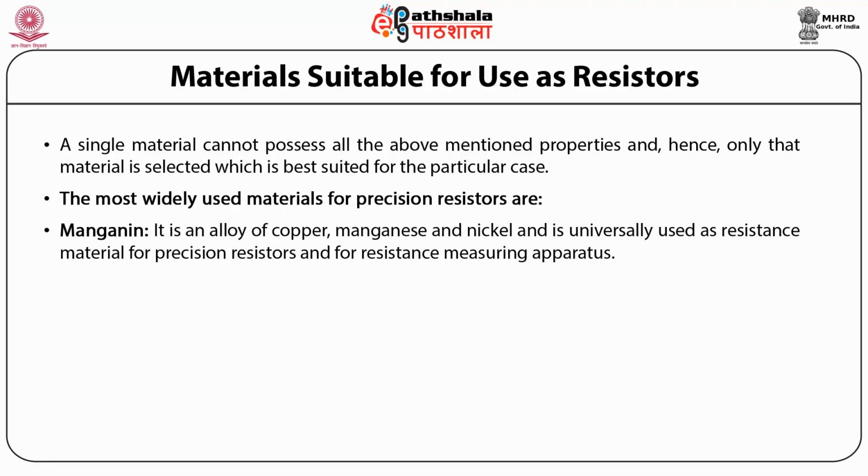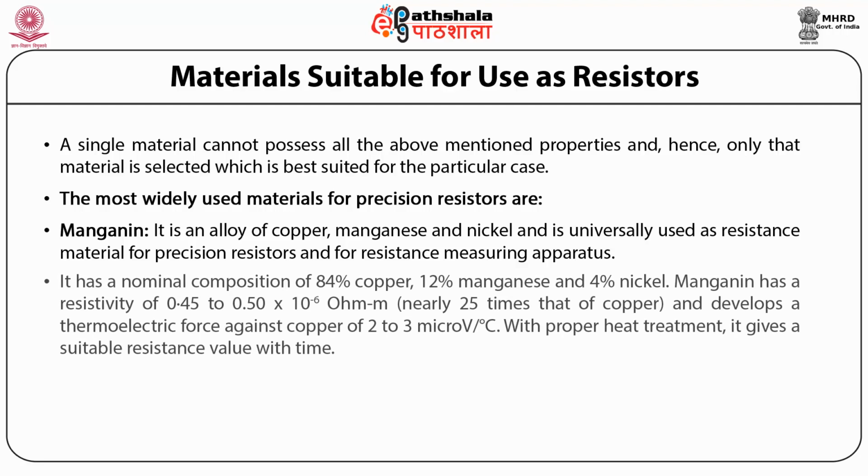It is an alloy of copper, manganese and nickel and is universally used as resistance material for precision resistors and for resistance measuring apparatus. It has a nominal composition of 84% copper, 12% manganese and 4% nickel.